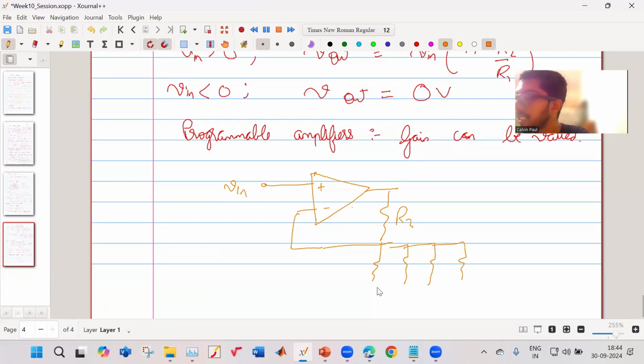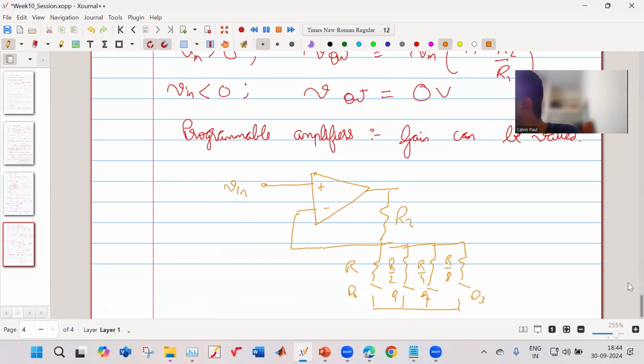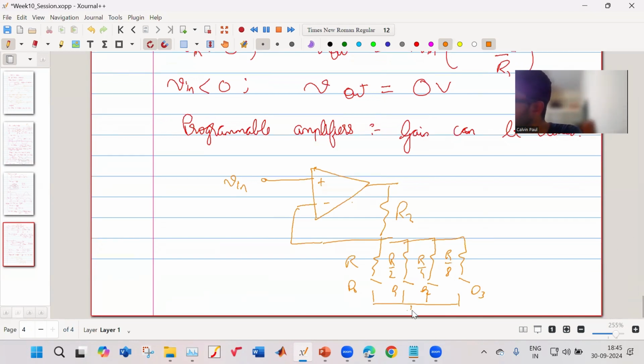Multiple R1 can be connected. Let us say this is some resistance R. Like this is R by 2, this is R by 4, R by 8, this D0, D1, D2, D3. Okay. And these are all connected to the ground.